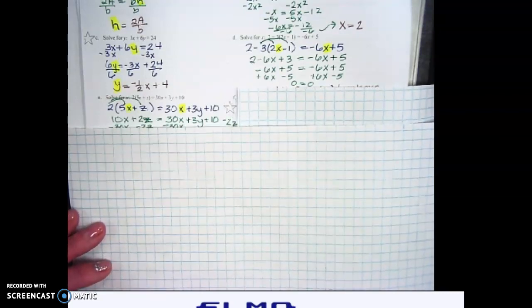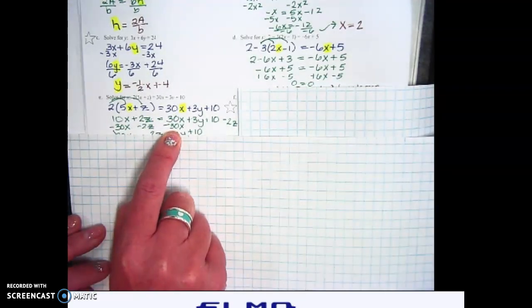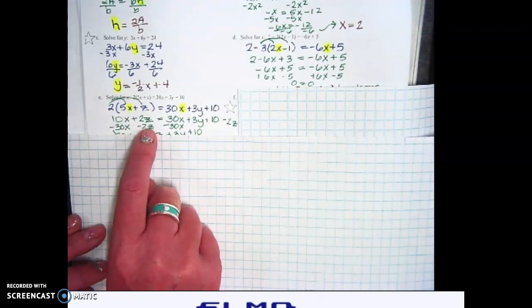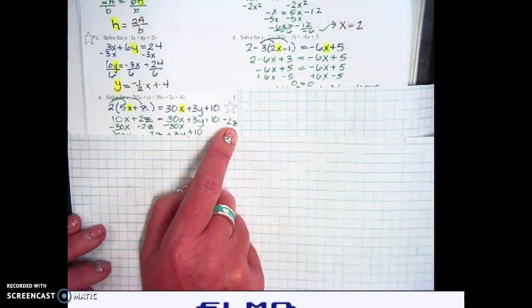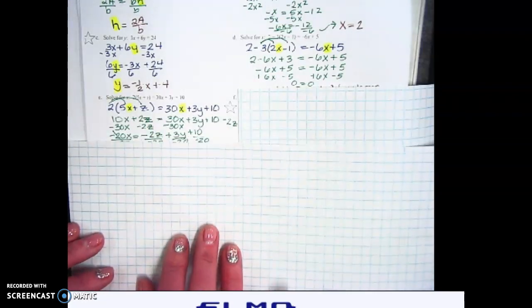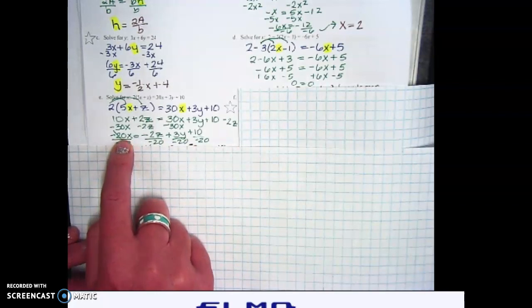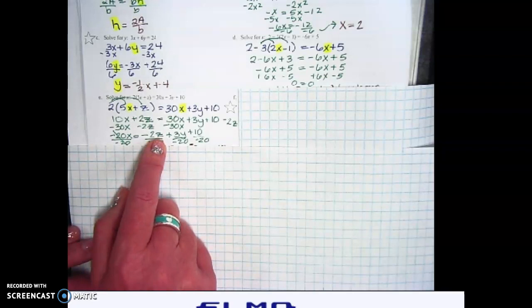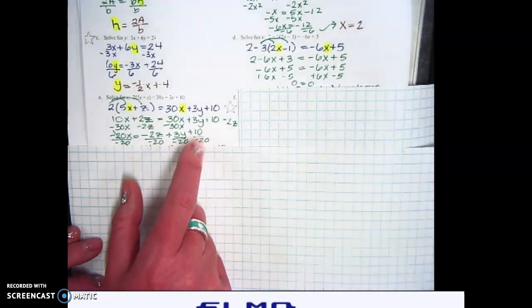Okay, now I'm going to, what did I do? I subtracted 30x from both sides to move it over to the left, and in the same step, I subtracted 2z from both sides to move it over to the right side of the equal sign. That simplifies quite a bit for me. That leaves me with negative 20x, and then negative 2z over here, plus the 3y, plus the 10.